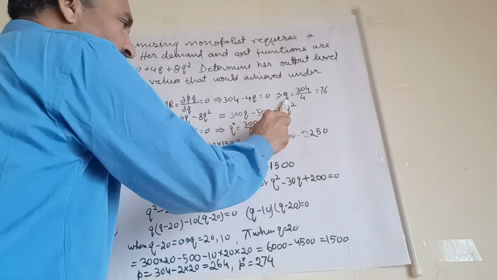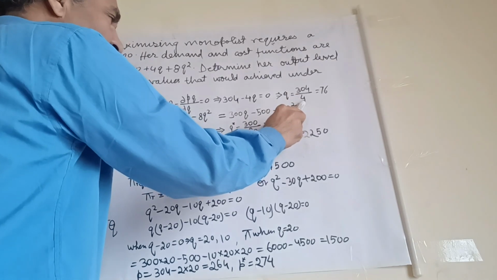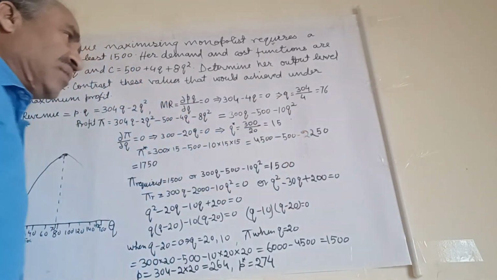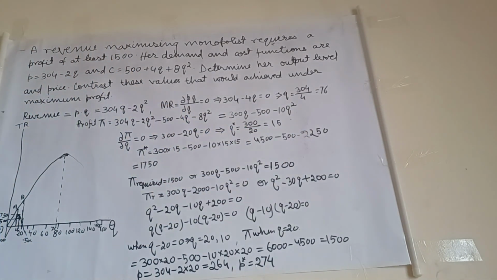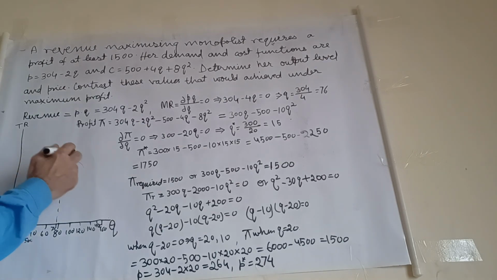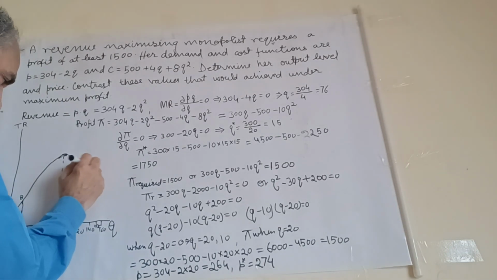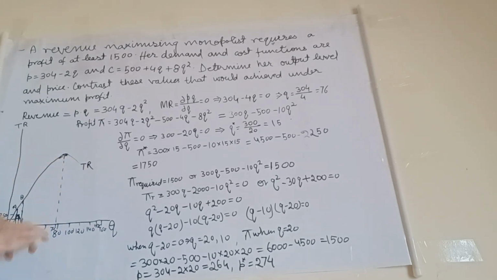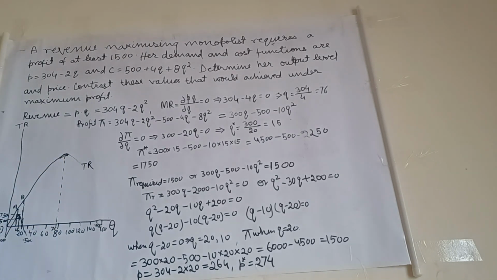This gives me Q = 304/4, which is 76. Means our total revenue curve is increasing and it reaches maximum when Q = 76. So I drew in the graph, and this one is 76, that is the total revenue.